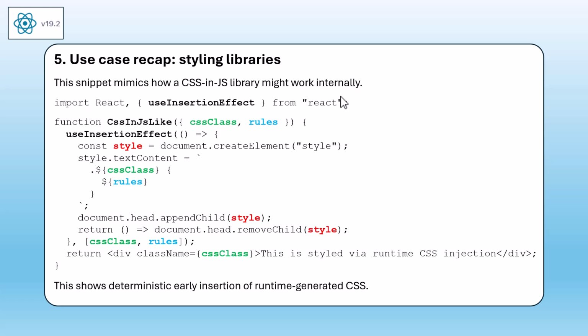If you did that injection too late, then subsequent layout logic might run before those styles are applied, producing incorrect measurement or visual flicker. In that scenario, useInsertionEffect is ideal. It serves as a hook that guarantees the style insertion happens early enough in the lifecycle to avoid those issues.